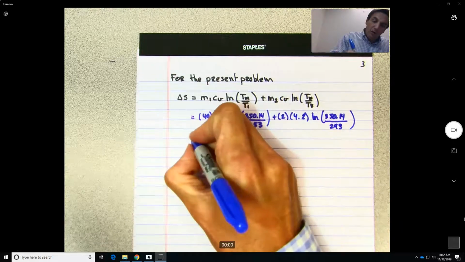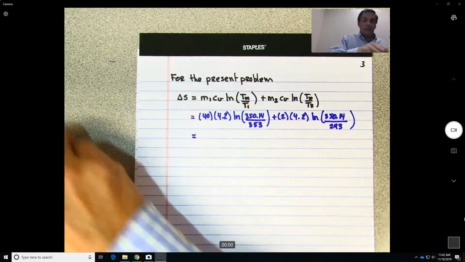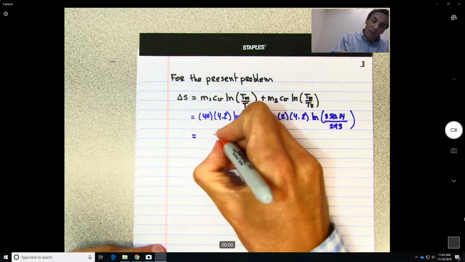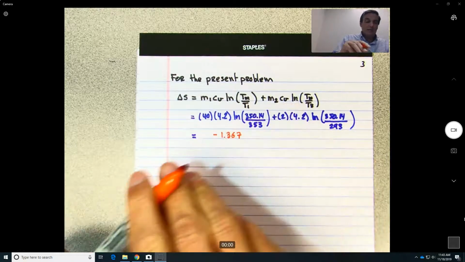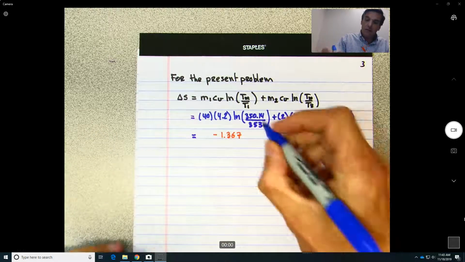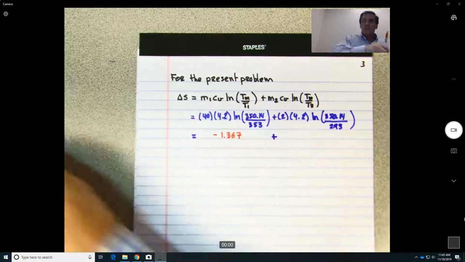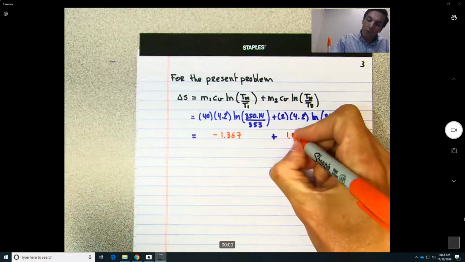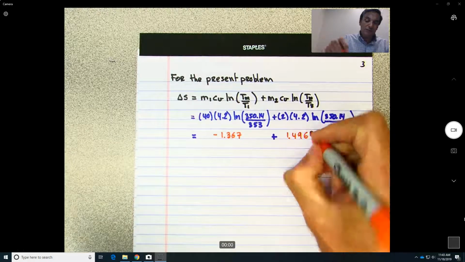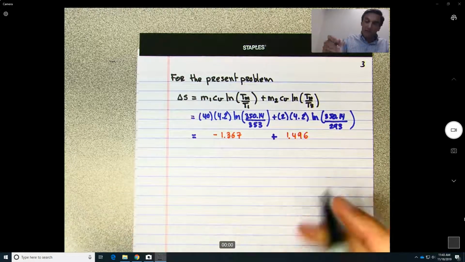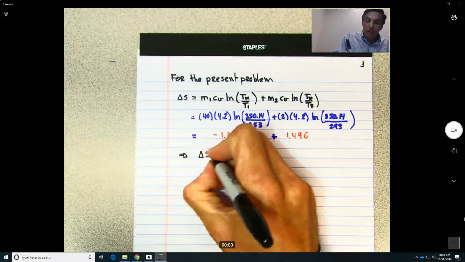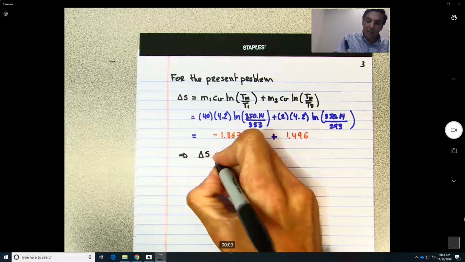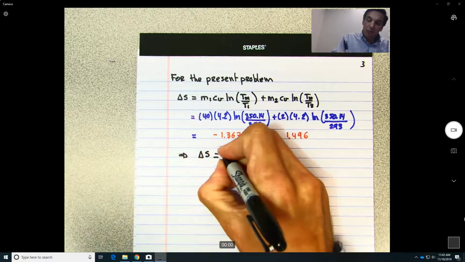And if you do the calculations, you're going to get that this one is negative 1.367 plus 1.496. So at the end, what do you have? You have that the total change of entropy of the system is equal to what? 0.129.